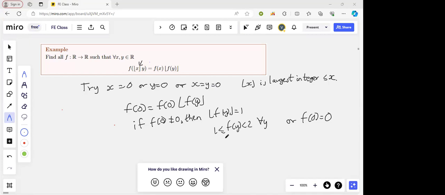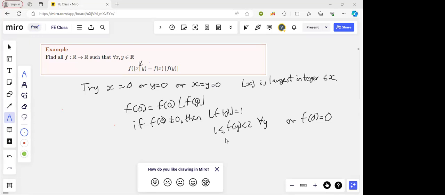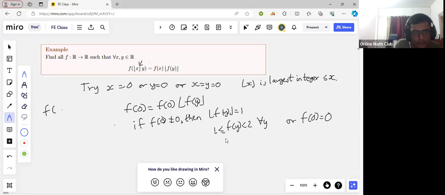If we substitute x equals 1, then we get f of y is equal to f of 1 into f of y, into floor of f of y, right? So we just get some expression like this. Yeah, that's what we get.